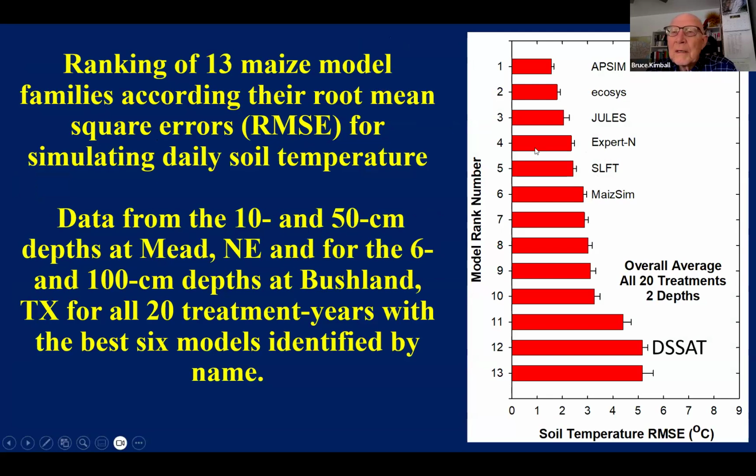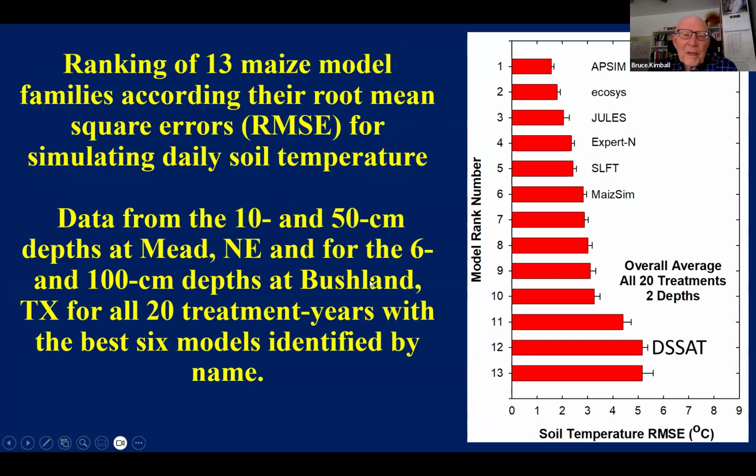Now, my screen is showing me sitting right in the middle of the slide in the graph, but in any event, I guess I can get through it. Well, the data that we had were from Mead, Nebraska and Bushland, Texas, which are both in the United States.